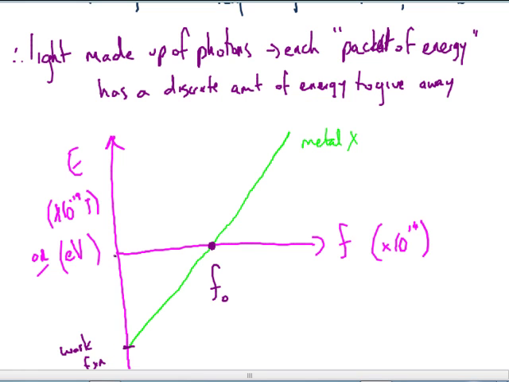This is how much energy is required to be given to the electron to allow it to be released. And then anything above that, so if we go above the threshold frequency, anything above that will give us the maximum amount of kinetic energy that one of the ejected electrons can have.